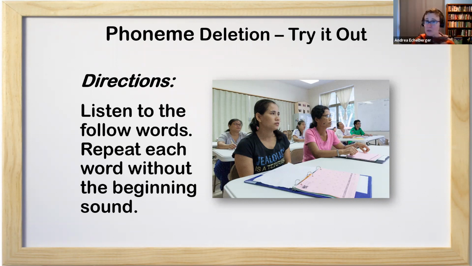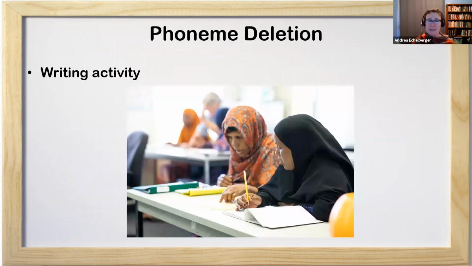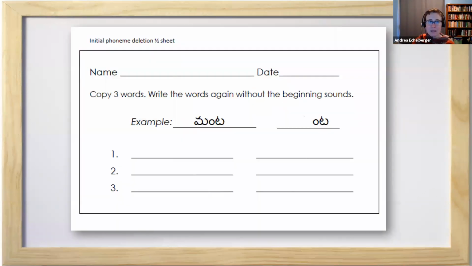So you can do that as a verbal activity and then segue into doing it as a writing activity. So this is what that would look like. You have something where you copy 3 words, write the words again without the beginning sounds. So you are physically removing the beginning sounds.